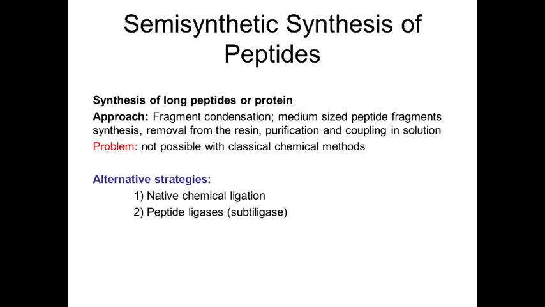However, with classical chemical methods, this is not possible, and that's why two strategies have been developed in the past to achieve the goal of fragment condensation. The first one is native chemical ligation, and the second one is the utilization of peptide ligases.